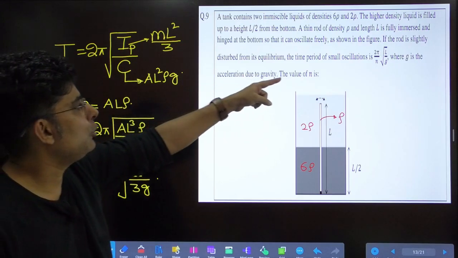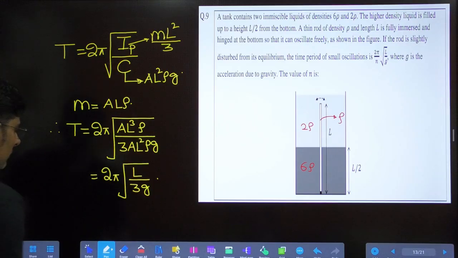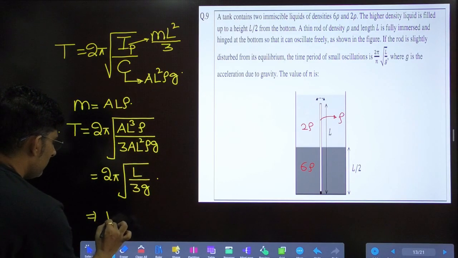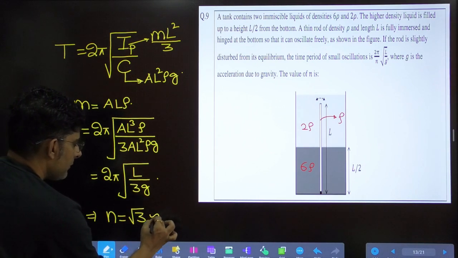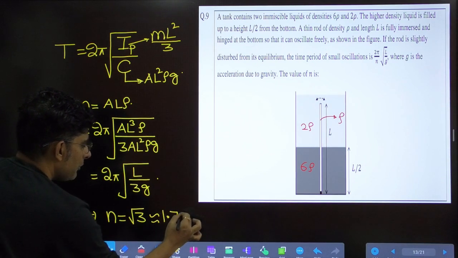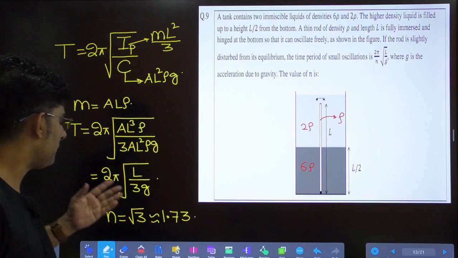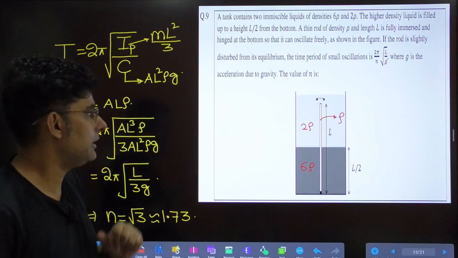So if you see, 2 pi by N under root L by G is what they have given. So this means the expression for N is root 3, which we will approximately take as 1.73. So this was an integer type question. So 1.73 approx we can take as this. I hope this is clear to all of you.